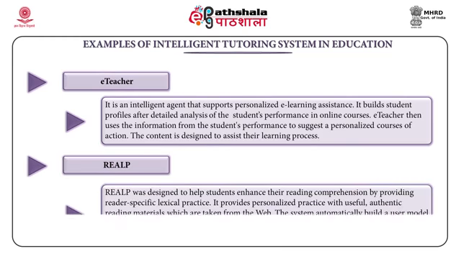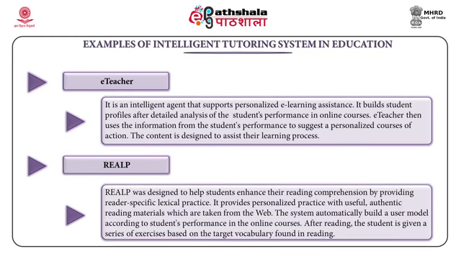RILP was designed to help students enhance their reading comprehension by providing reader-specific lexical practice. It provides personalized practice with useful, authentic reading material which are taken from the web. The system automatically builds a user model according to the student's performance in the online courses. After reading, the student is given a series of exercises based on the target vocabulary found in reading.